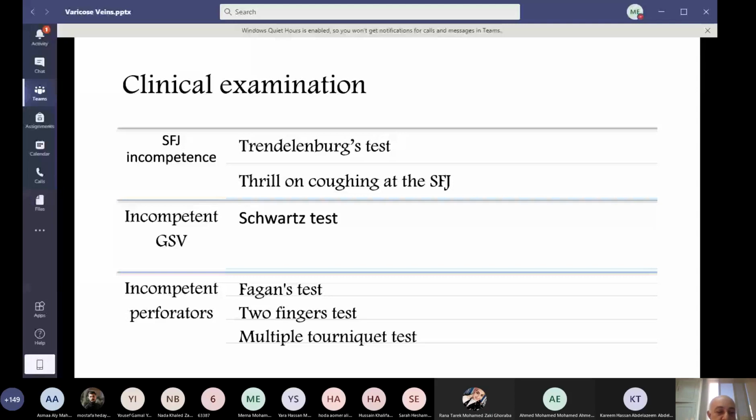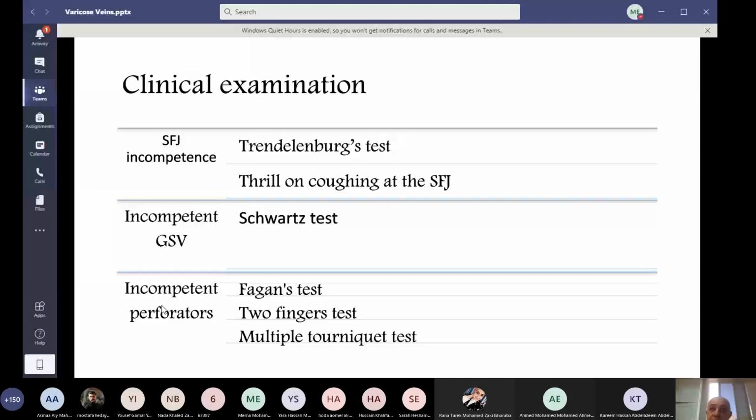Back to the clinical examination, we should seek three things. Number one, whether the saphenofemoral junction is incompetent or competent. Number two, whether the great saphenous vein itself is incompetent, meaning whether the valves inside this great saphenous vein are competent or not.